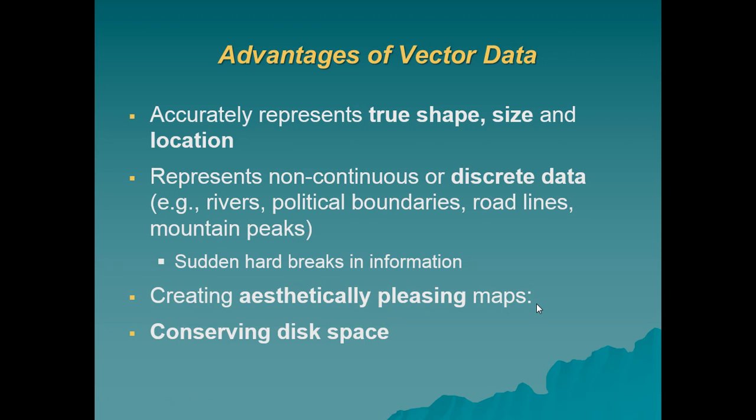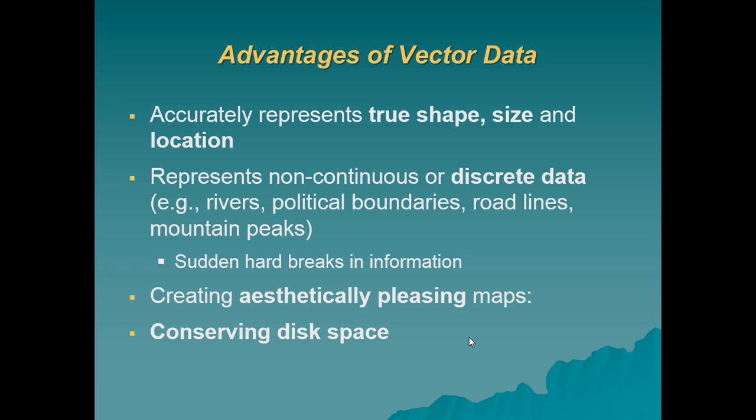I think for most of us, our human reaction tends to be more drawn towards the cleaner lines than those jagged lines and boundaries of the raster. And additionally, the vector takes up a lot less space on your storage devices, because raster datasets tend to consume a lot of storage space.